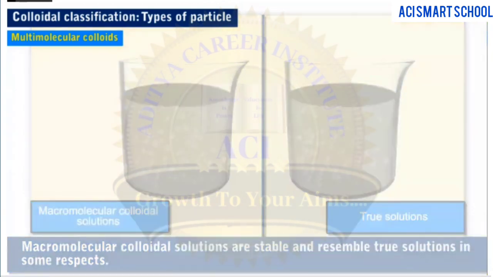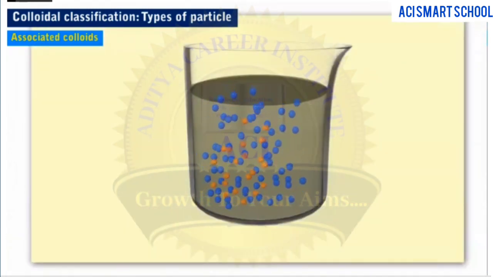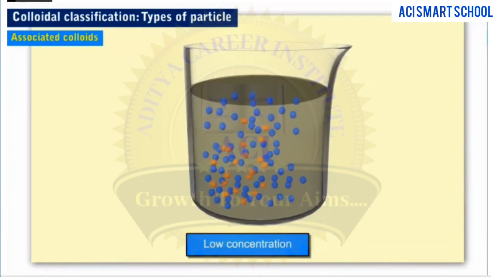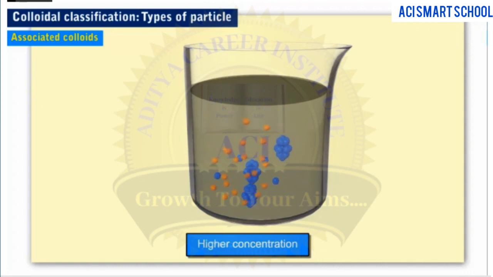Now we will discuss the last category of colloids, namely associated colloids. There are some substances that behave as normal strong electrolytes at low concentration, but behave as colloidal solutions at a higher concentration.